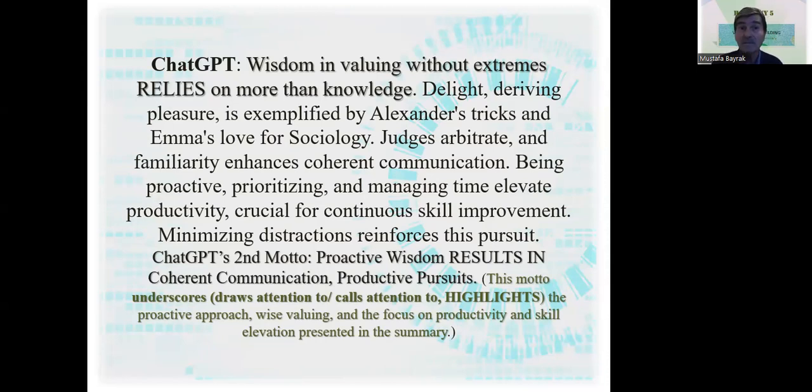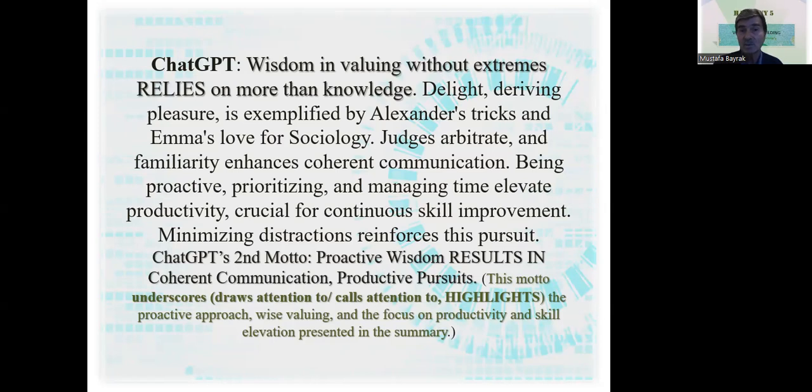Delight, deriving pleasure, is exemplified by Alexander's tricks and Emma's love for sociology. Judges arbitrate and familiarity enhances coherent communication. Being proactive, prioritizing, and managing time elevate productivity, crucial for continuous skill improvement. Minimizing distractions reinforces this pursuit.